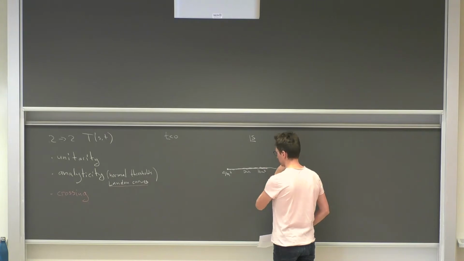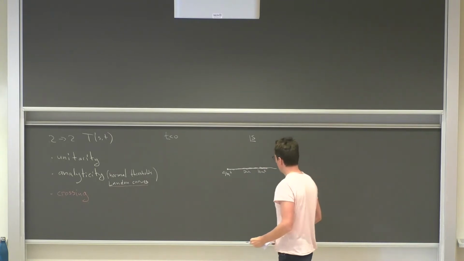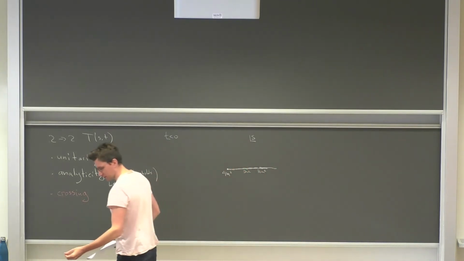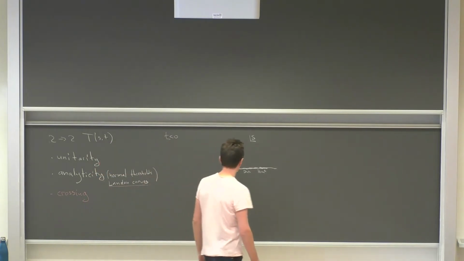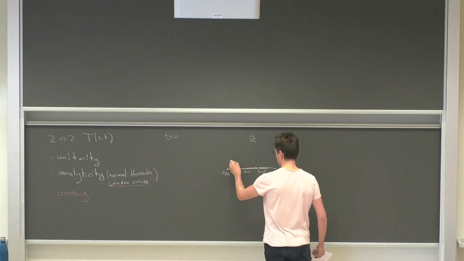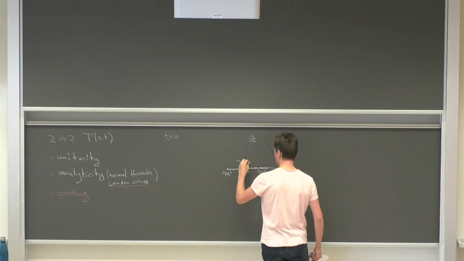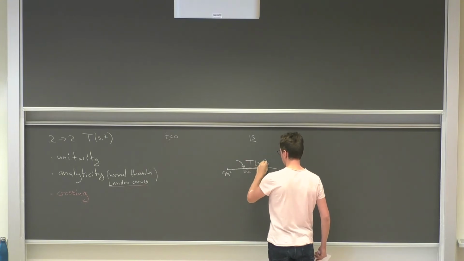Moreover, the physical amplitude was defined by approaching from above. This was the i epsilon prescription. So if you measure something in an actual experiment, we approach it from above.